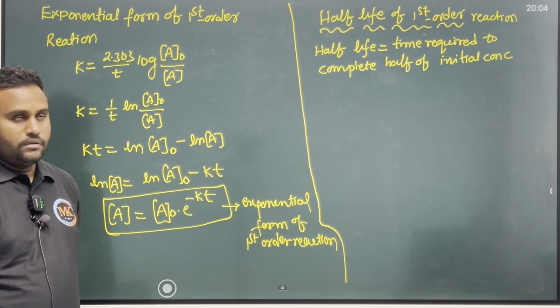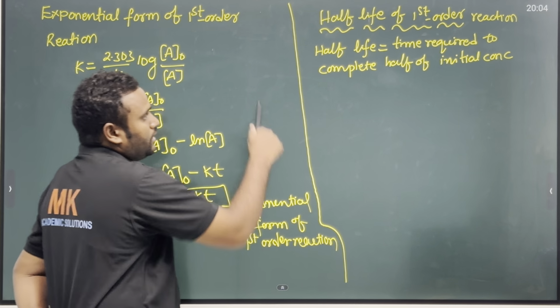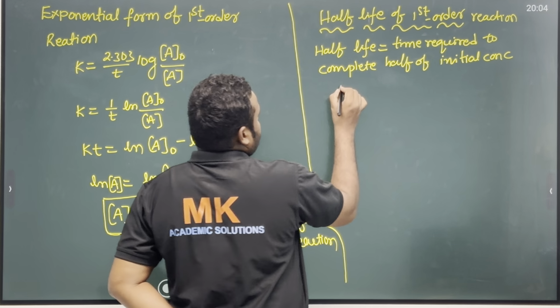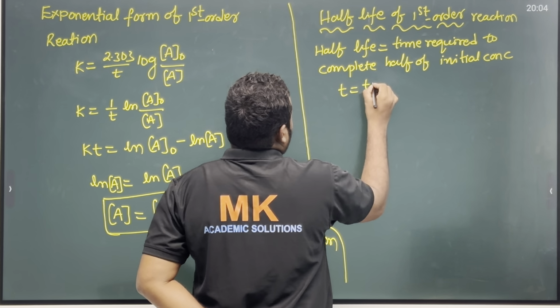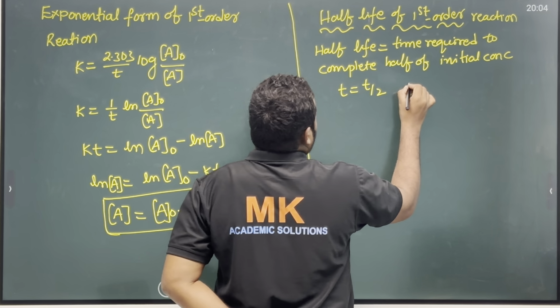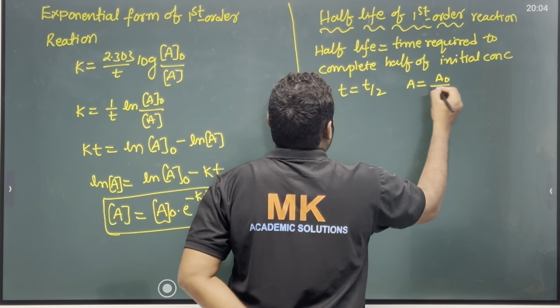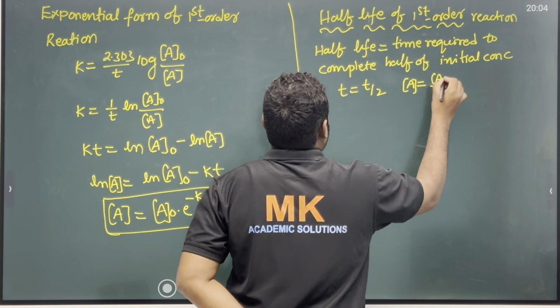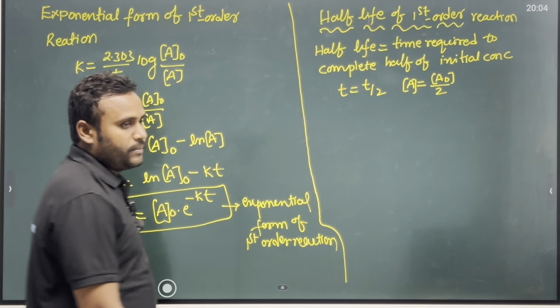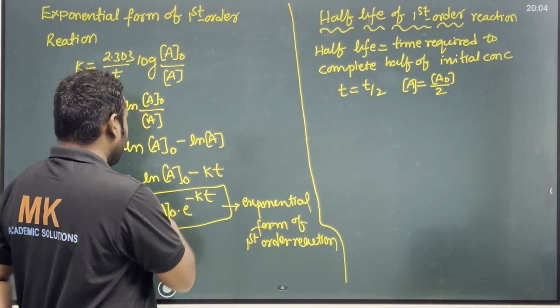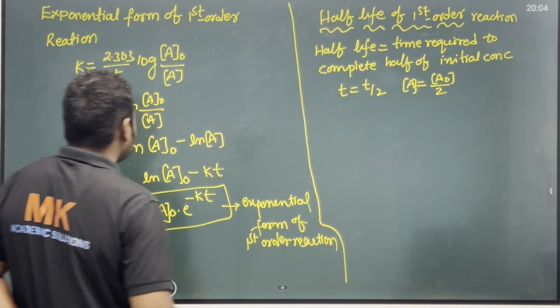That is known as the half life of the reaction. So here, half life of first order reaction means t is equal to t half and A is equal to A naught by 2, the concentration at t. Now let us substitute the values in this equation.